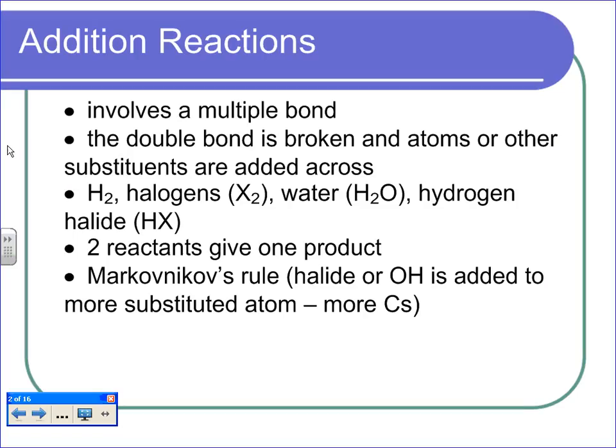The kinds of things that we can add across the double bond, we say, are hydrogen, halogens, which we simply refer to as X2, water, or hydrogen halides, or HX. We're going to start with 2 reactants, and we're always going to end up with 1 product in these addition reactions. And you're going to see that we're going to apply an important rule called Markovnikov's rule, and we'll discuss that through some examples.